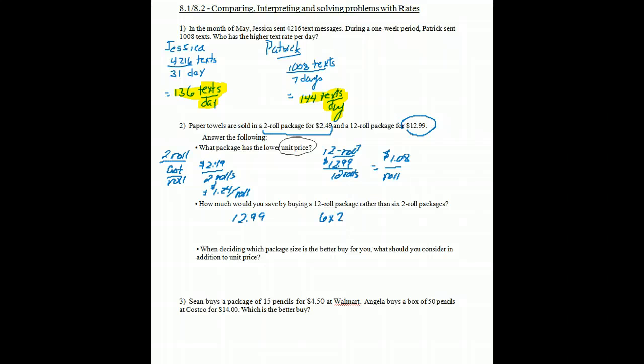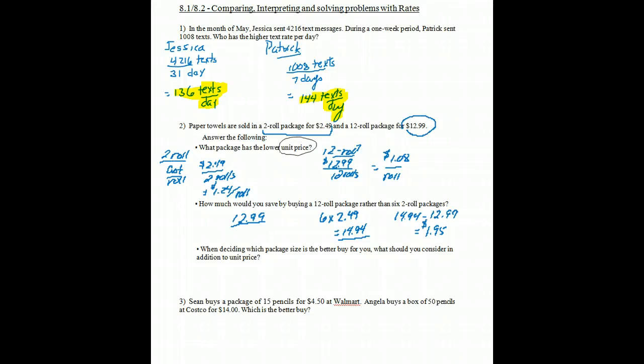So 6 2-pack rolls at a price of $2.49 each, and your cost there will be $14.94. So it costs more to buy the 2-pack rolls than buying one single 12-pack roll. And how much would you save? Well, simple subtraction. $1.95.